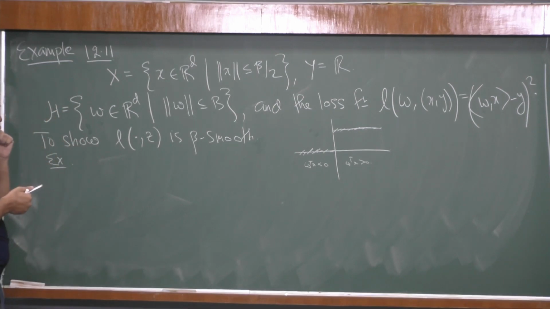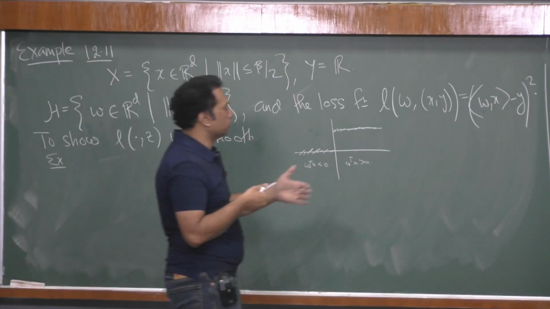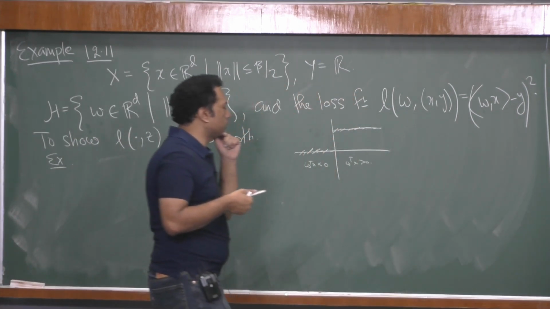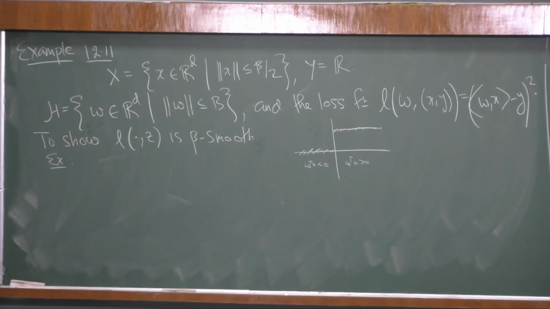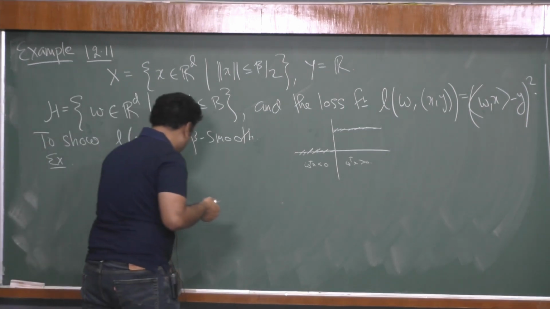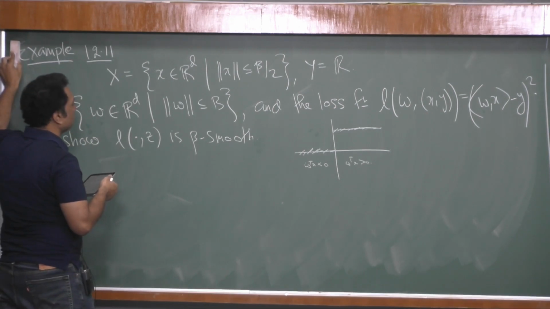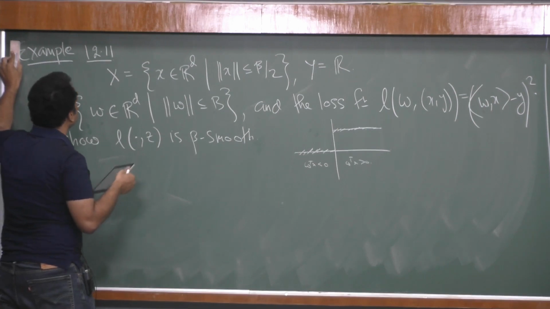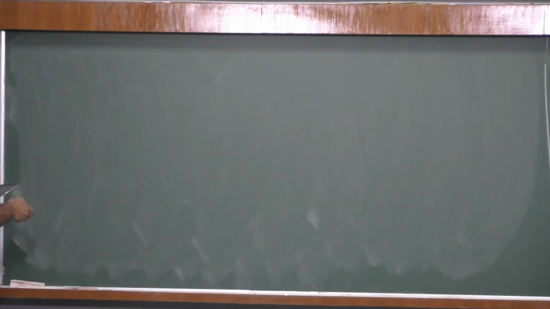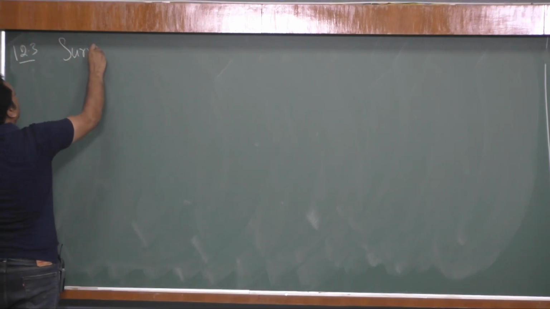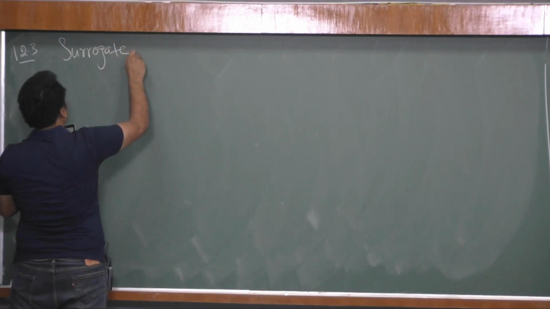So we look for ways to generalize these ideas where loss functions may not be convex, but we use a surrogate loss which is convex. Then many problems where the loss is not convex become convex learning problems, or even PAC learnable. So this is what we will do as a next step: introduce surrogate loss functions. Section 12.3 is surrogate loss functions.